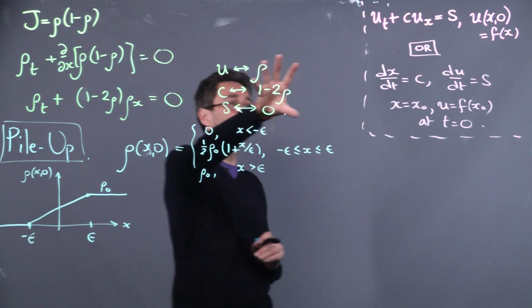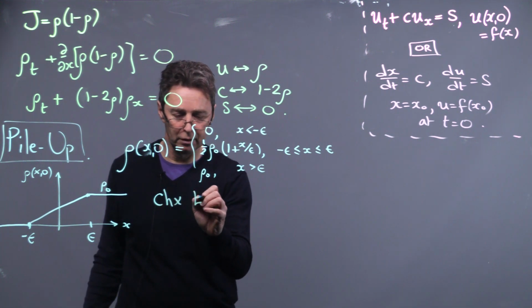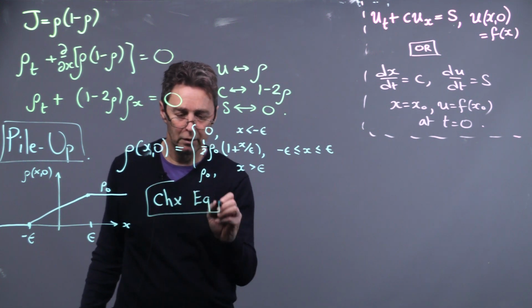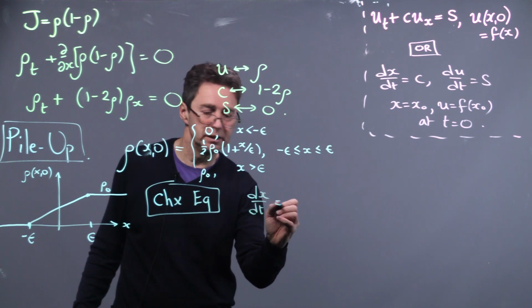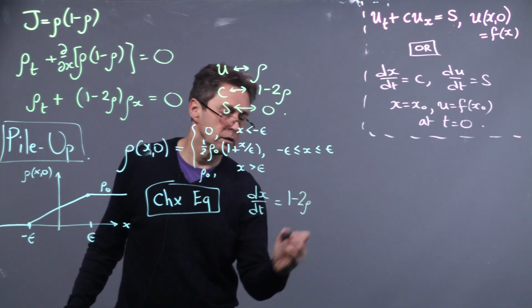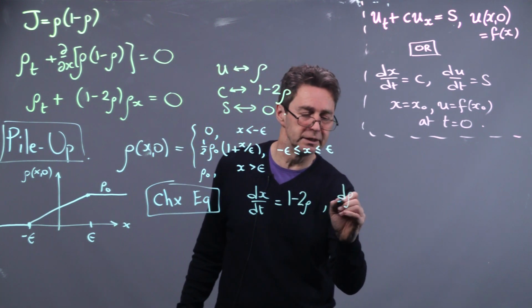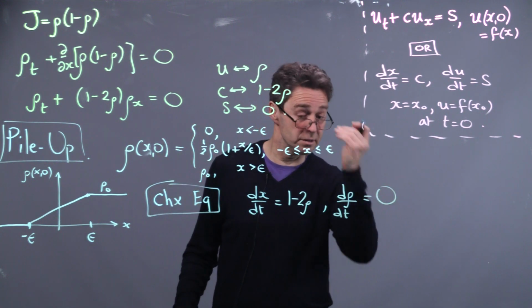There's the PDE. We can adapt all of this. So the characteristic equations, what are they? Well, they tell us that dx by dt is equal to this coefficient, and d rho by dt is equal to what's on the right hand side, 0.